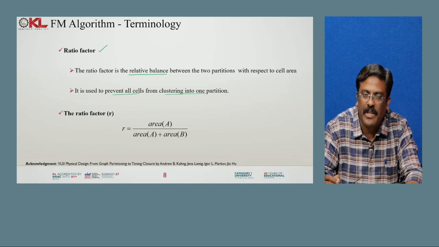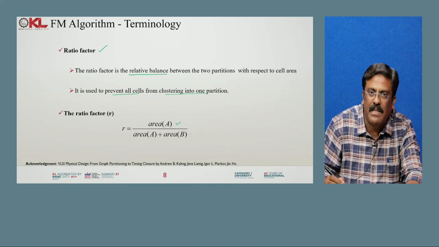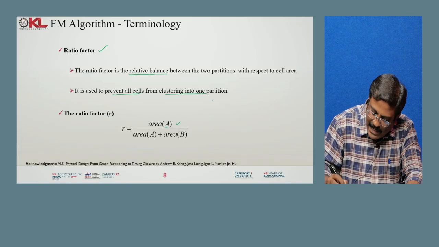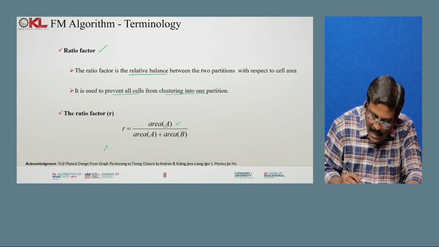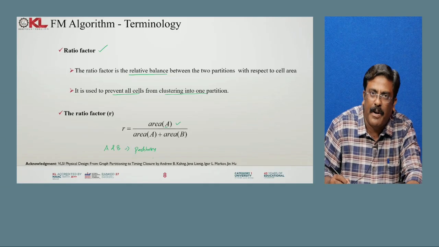The ratio factor is a fraction: the area of A divided by the area of A plus the area of B. Here A and B indicate the partitions.